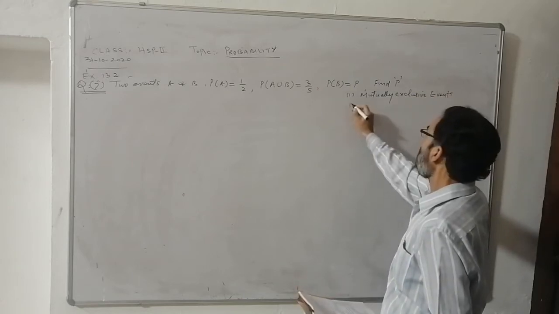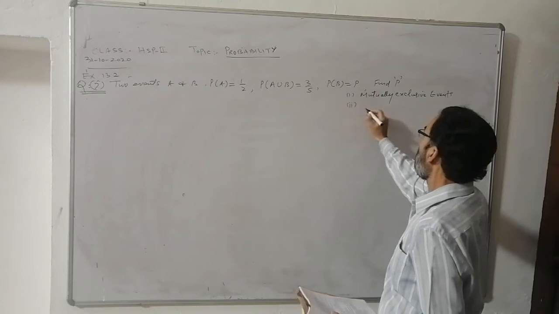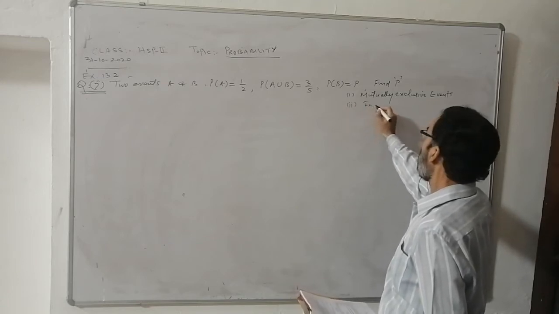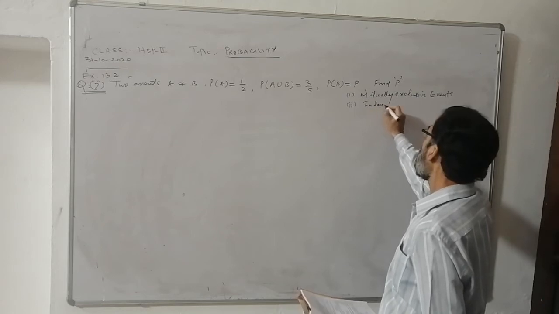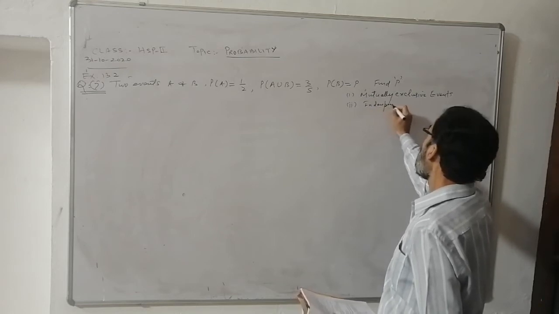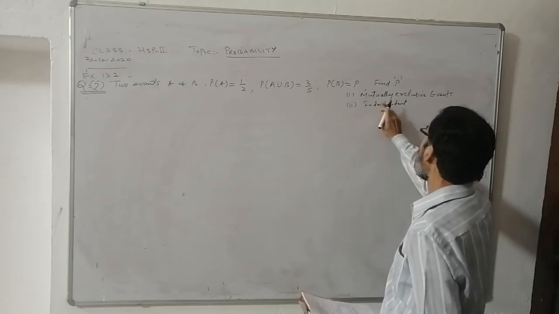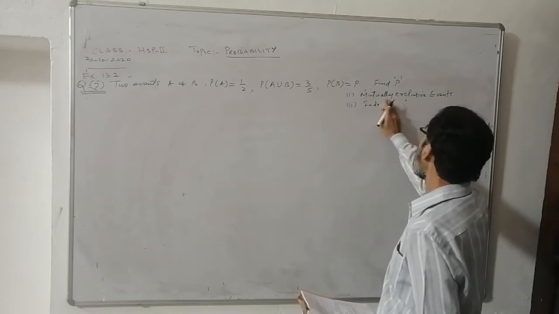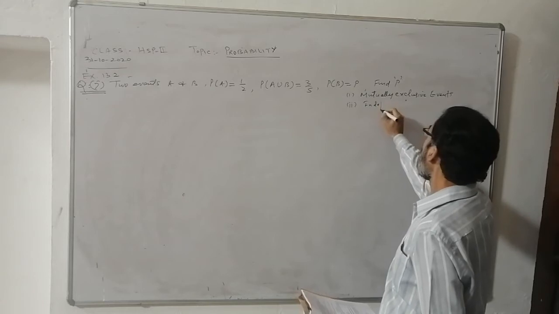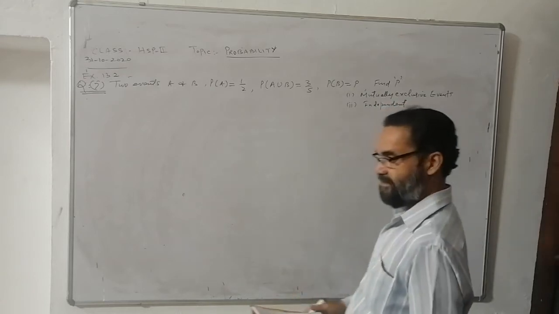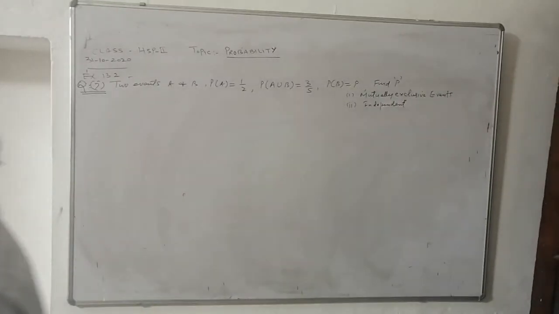Part second is the two events A and B are independent. So this is question number 7.